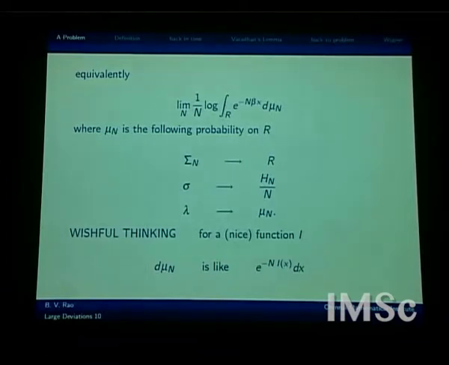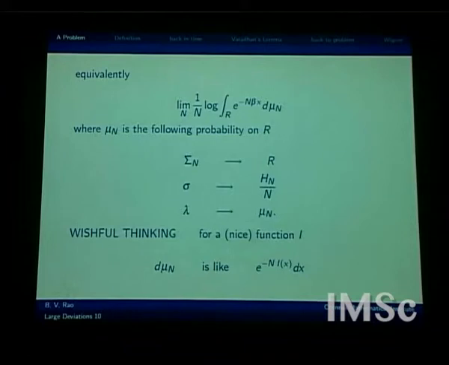So, basically mu n of any subset of the real line is: take the inverse image, count the number of points, that is it. Okay. So, integrating my function on this is the same as integrating the function e to the minus n beta x with respect to the induced measure mu n.